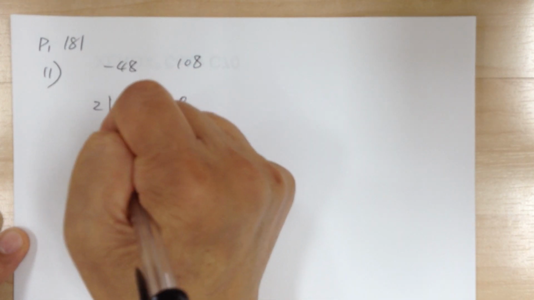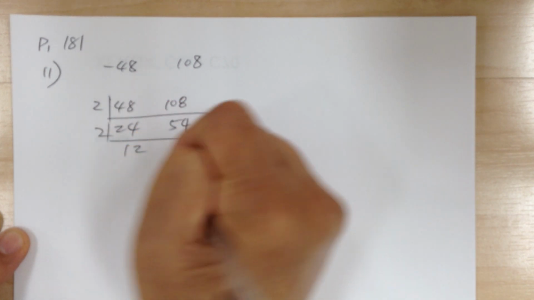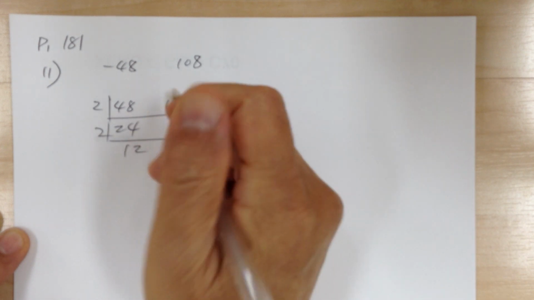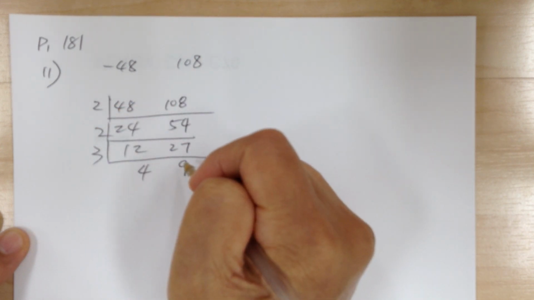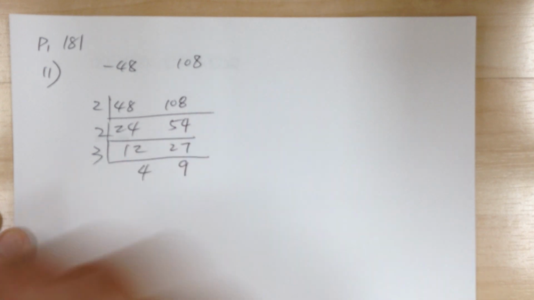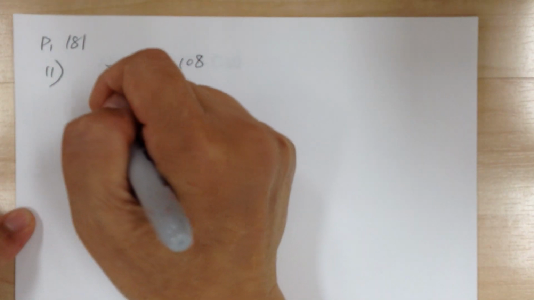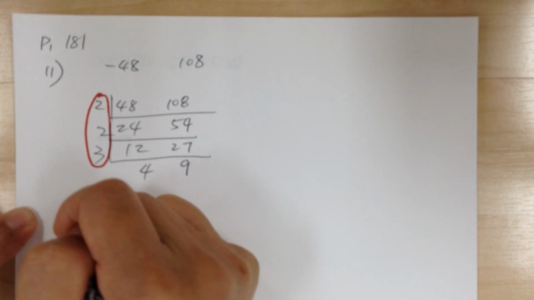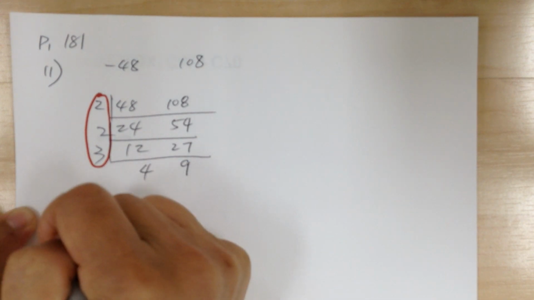Divide by 2, you get 24 and 54. Divide by 2, you get 12 and 27. 2 cannot do anymore, so you can go to 3. It would be 4 and 9. And that's it. So here's your GCF, equal to 12.